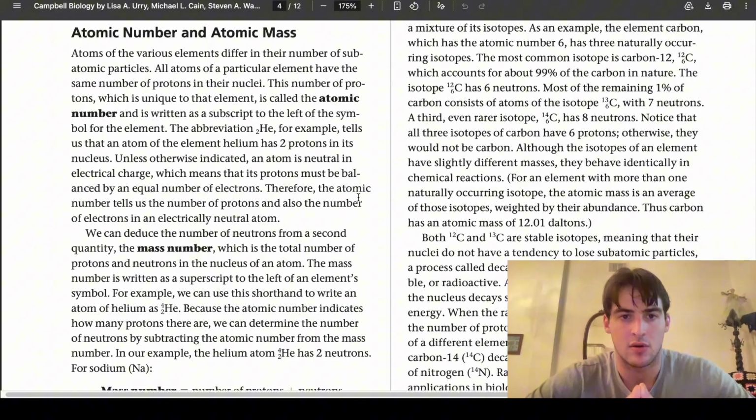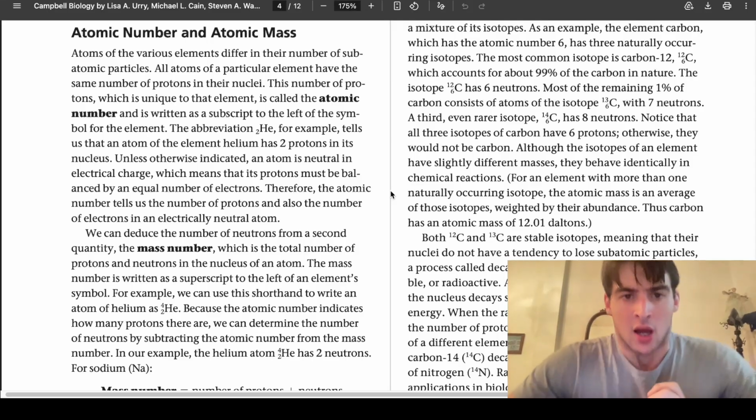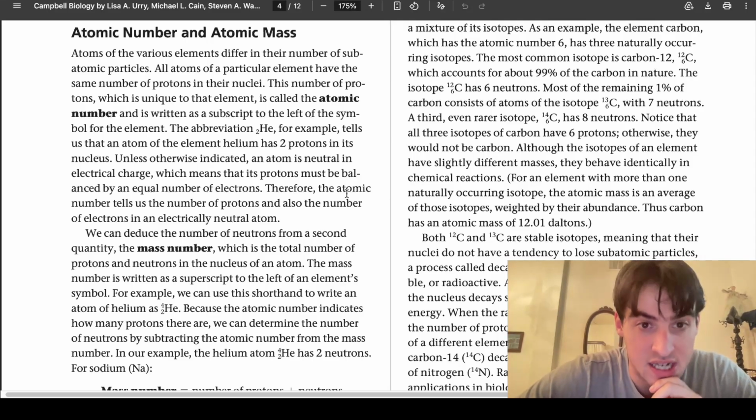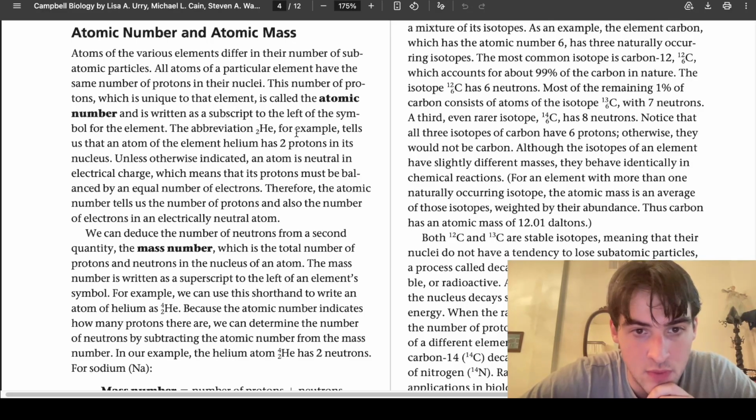So for an atom to be of a specific element, it has to have a certain number of protons, I guess. This number of protons, which is unique to that element, is called the atomic number and is written as a subscript to the left of the symbol for the element. The abbreviation 2He, for example, tells us that an atom of the element helium has 2 protons in its nucleus.